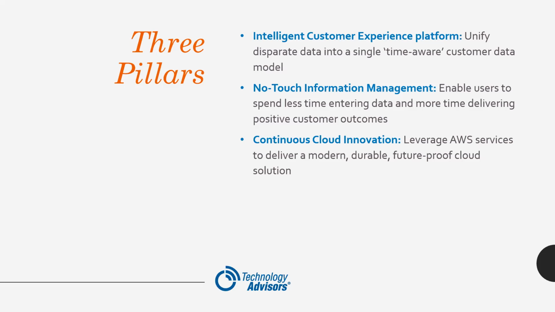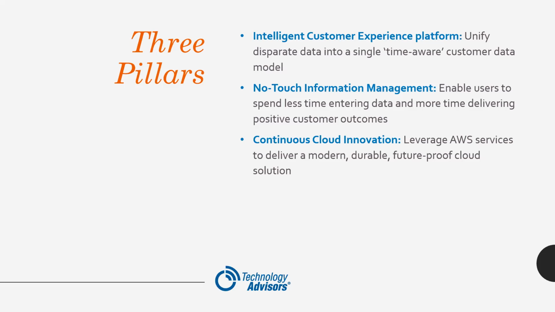The first one is having an intelligent customer experience platform. As part of that, a big piece of that pillar is being able to unify disparate data into a single time-aware customer data model. This is something that you're going to see Sugar announce more news about later this year, I believe. So stay tuned for more news in that area.